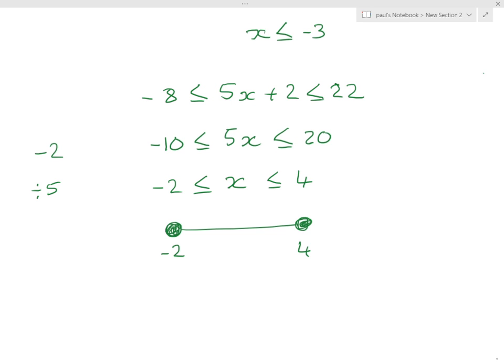On a number line, minus 2, minus 1, 0, 1, 2, 3, 4. Possible values for x are all of these because they include the minus 2 and 4. Okay, that is the end of that lesson.